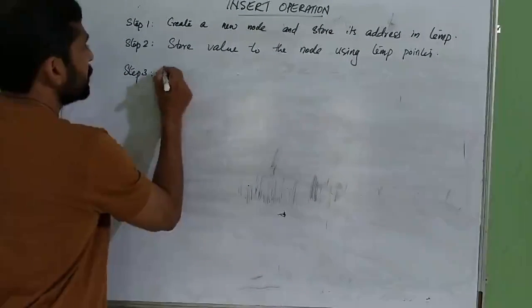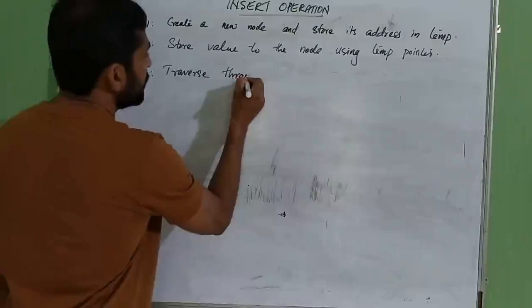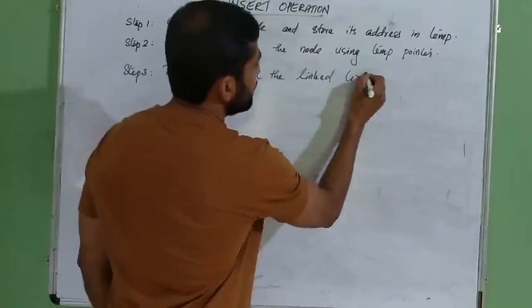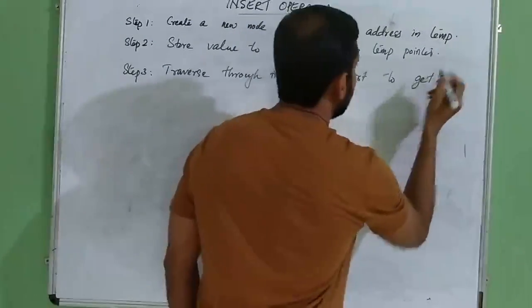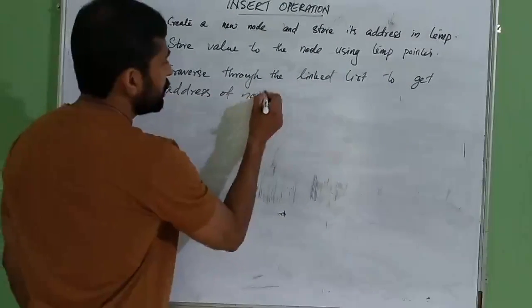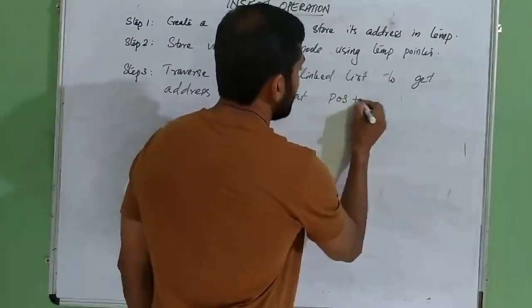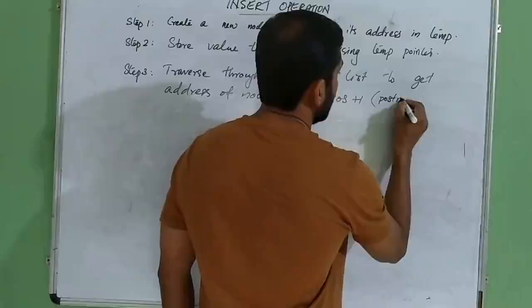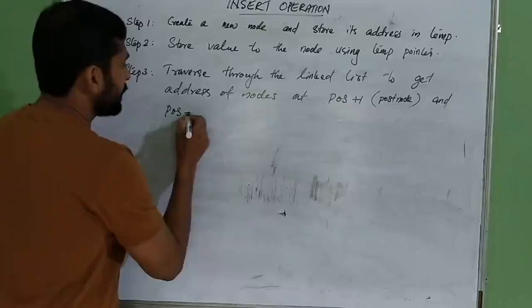Step 3, traverse through the linked list to get address of nodes at POS plus 1 and POS minus 1.